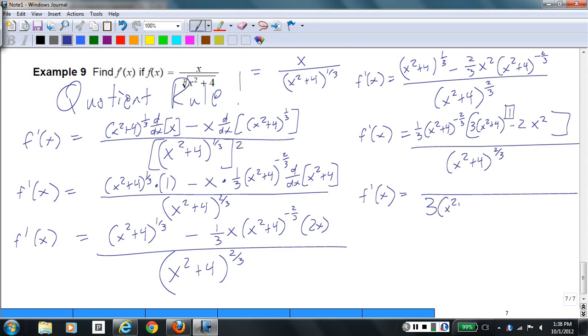All right, x squared plus 4 to the positive 2/3. Another x squared plus 4 to the positive 2/3. And then let's deal with what's inside the brackets there in the numerator. If we distribute the 3 across the parentheses, since that's just a 1 there, I'm going to leave it visible: 3x squared plus 12 minus 2x squared.